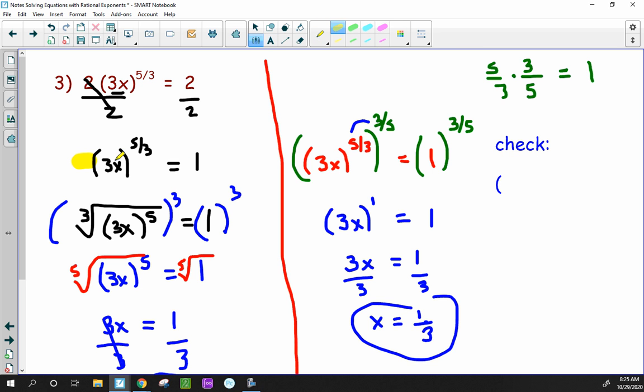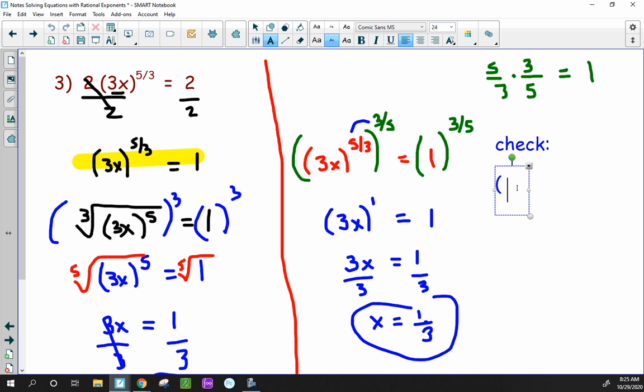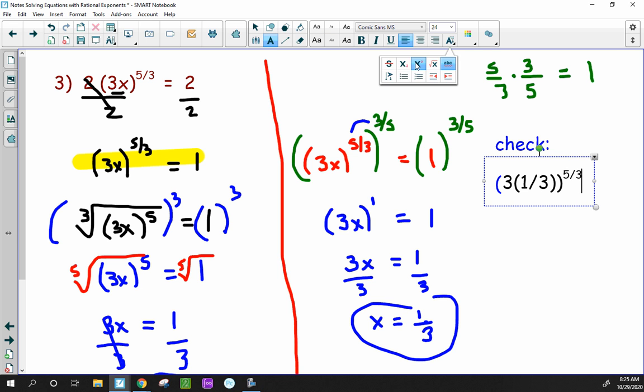I'm going to use this one for right now, okay? So it's 3, and then we think the answer is 1/3. And then it's supposed to be raised to the 5/3. Sorry about that. And it's equal to 1.